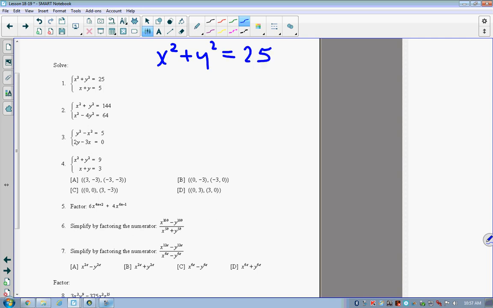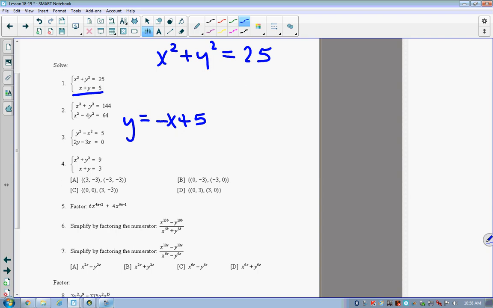I would take the line equation and solve for one of the variables. For instance, let's make it y equals negative x plus 5. Because this is y equals, I can substitute that into the circle equation. Does that make sense?